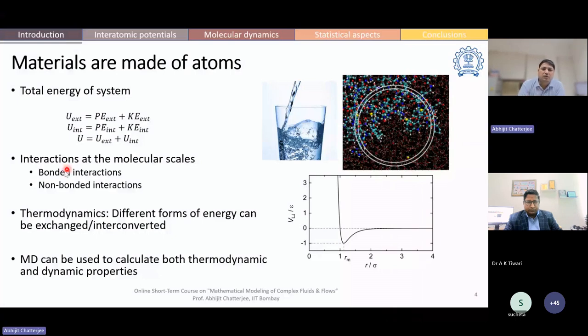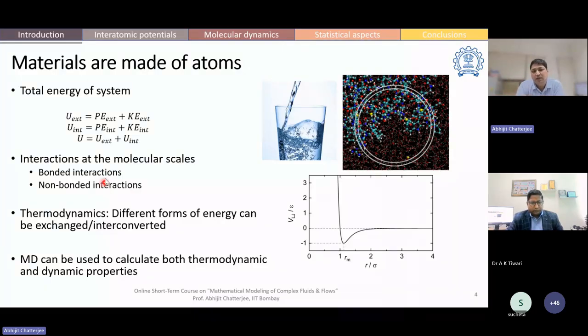Okay. What I'm going to show is that there are models which are available, which can be used to evaluate the potential energy, at least the internal part. And these interaction models capture the bonding within a molecule, as well as other non-bonded interactions when two molecules are interacting with each other through charge interactions or through some van der Waals dispersion interactions.